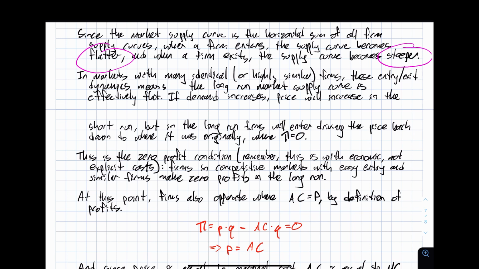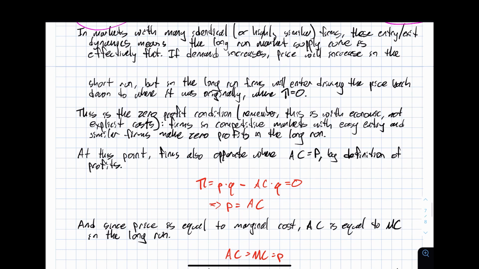So when demand shifts in and out, this doesn't change price very much in the long run, even though in the short run, because there aren't these entry and exit decisions, you can have changes in price. So the intuition here is that in the long run, prices are going to return back to normal, or return back to where they were before the demand shock.